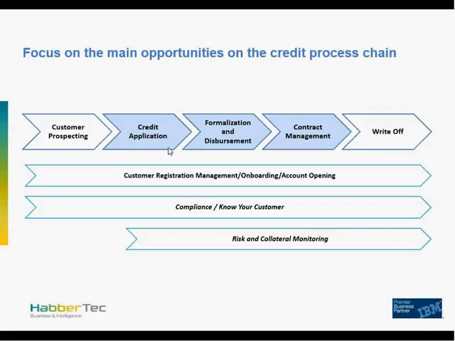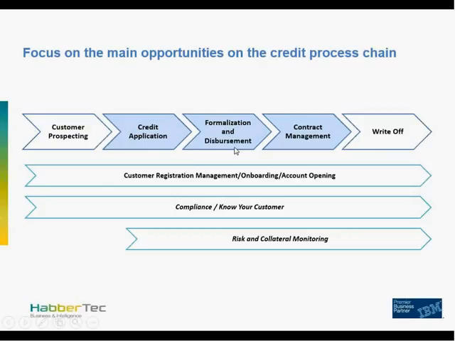And we will put some sort of analysis on top of this data and make a decision about the possible quality of credit of this prospect or customer.